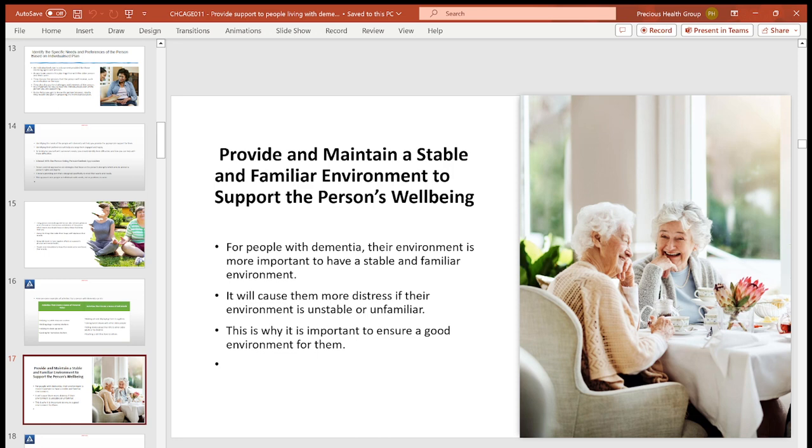For example, this happens a lot even when we are working in the industry: people with dementia want to sit at a particular spot at all times.